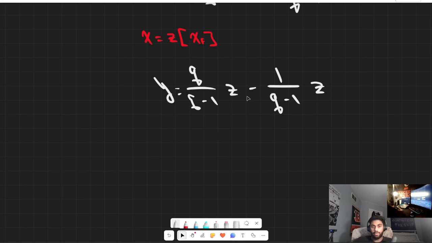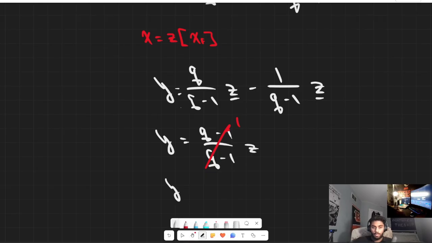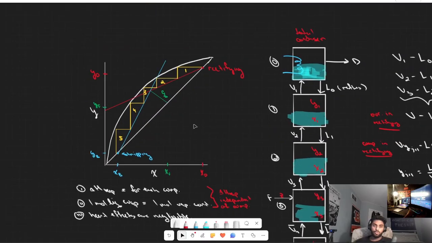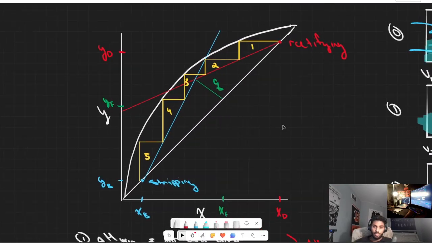Well, now we see that we have z in both terms, so we have like terms and can combine them. Y equals q minus 1 over q minus 1 times z. This obviously cancels out to be 1. And what we are left with is y equals z equals our feed composition, which is exactly how it is drawn up in the McCabe-Thiele diagram.